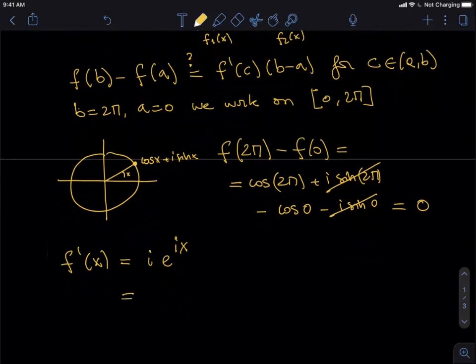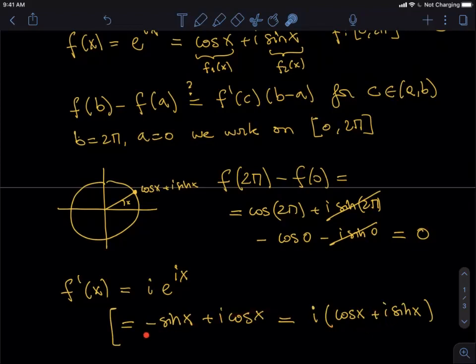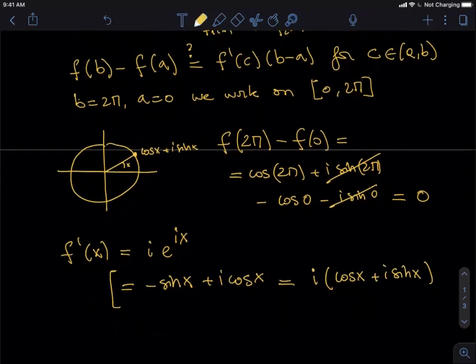Let me do it here. The derivative of the cosine and the sine, so the derivative of the cosine is negative sine of x plus i cosine of x, which is i times cosine of x plus i sine of x, right? Because when I multiply, i squared makes the negative 1. And this here is the exponential of ix. So it's clear.